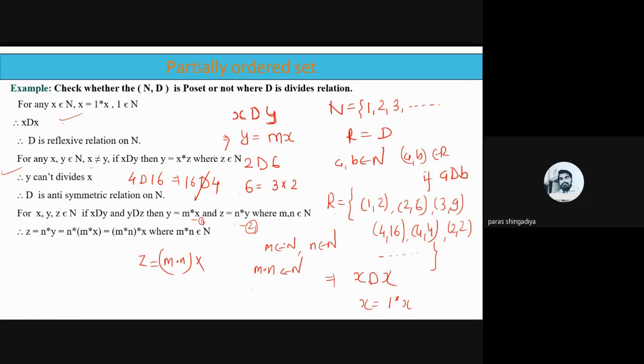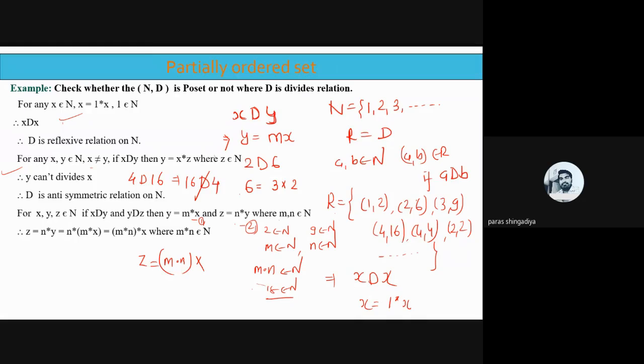If I consider one number, 2, belongs to N, that is m, and 9 belongs to N, that is n. What is the product? 2 into 9 is 18, and 18 also belongs to N, that you can easily check. Clear? 18 also belongs to N. What does it mean?